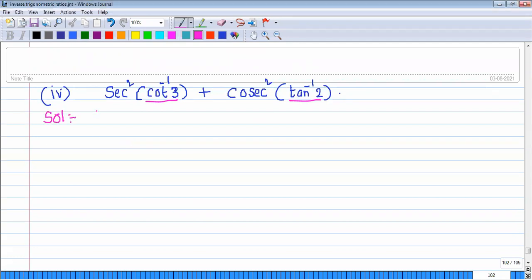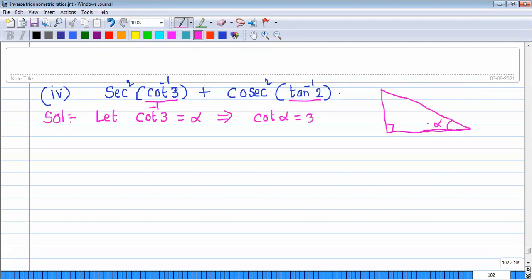So let cot inverse 3 equals alpha. That implies cot alpha is equal to 3. You take a triangle. As per the definition of the cotangent function, 3 is the adjacent side, 1 the opposite side. This will be 1 plus 9, root 10.